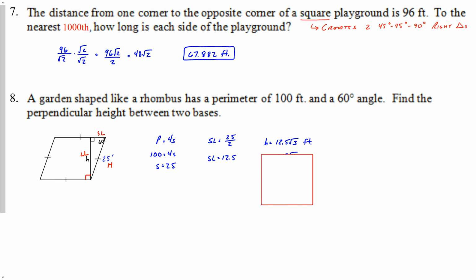The square root of 3 has a denominator of 1, so that square root of 3 actually would become part of the numerator. So 25 square root of 3 over 2 feet would be the answer you could give there. And then also, because I don't specify whether you need to have your answer in simplest radical form or rounded to the nearest thousandth, you could type it in your calculator and tell me that the height is 21.651 feet.